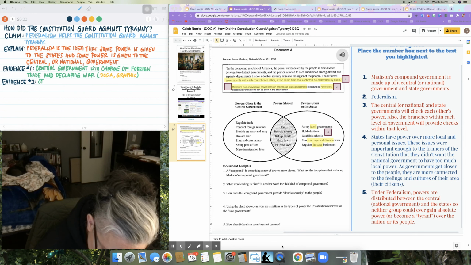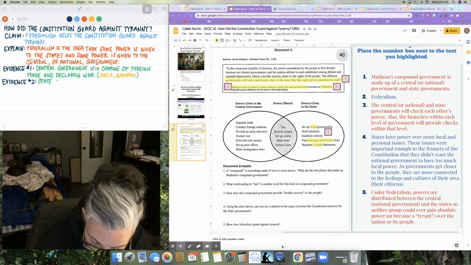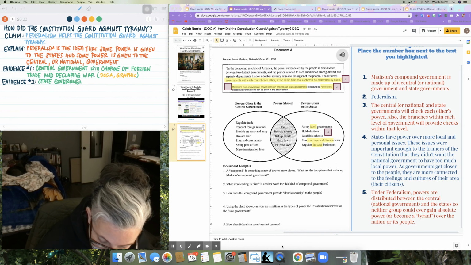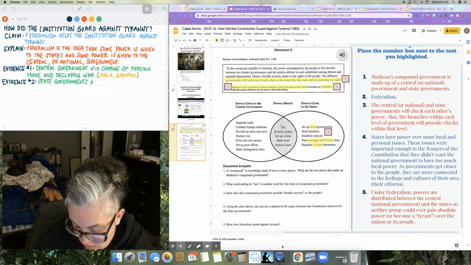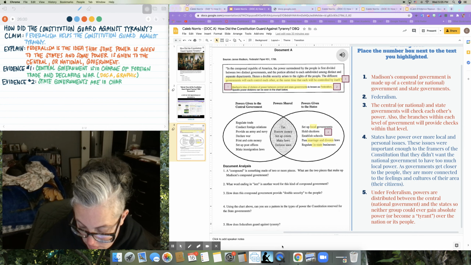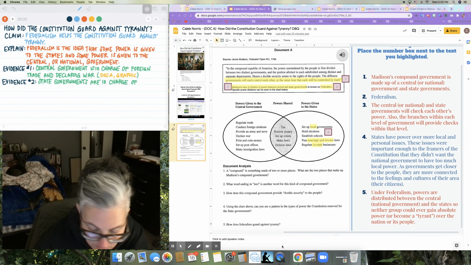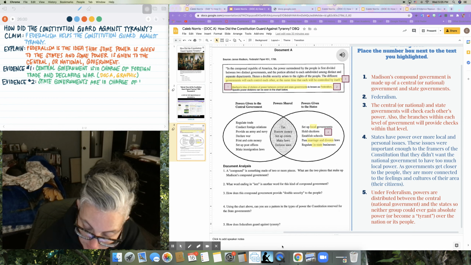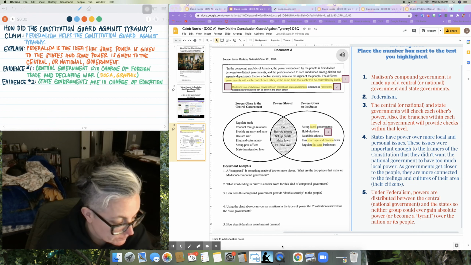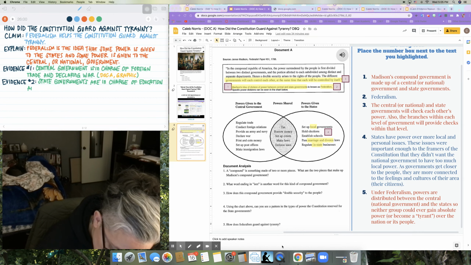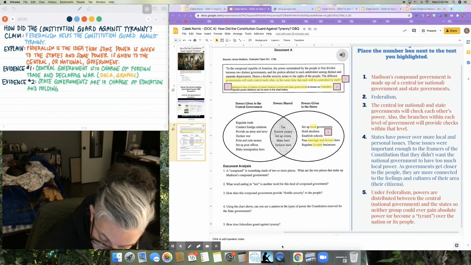State governments are in charge of education, and holding elections.